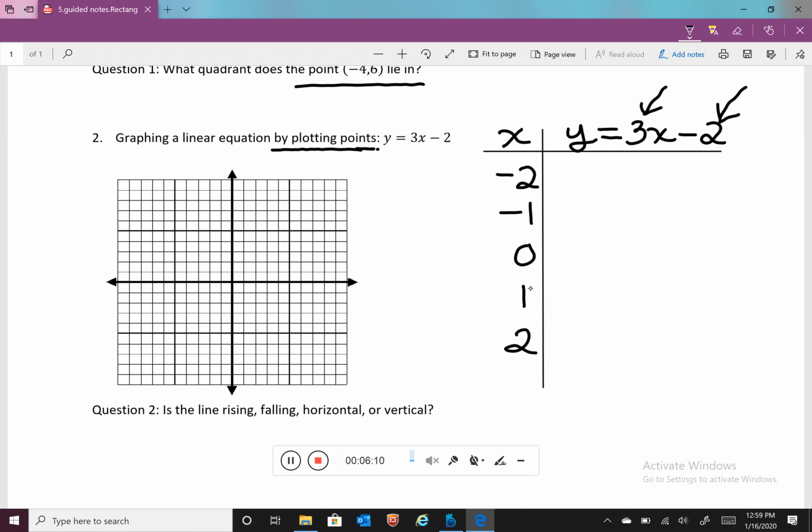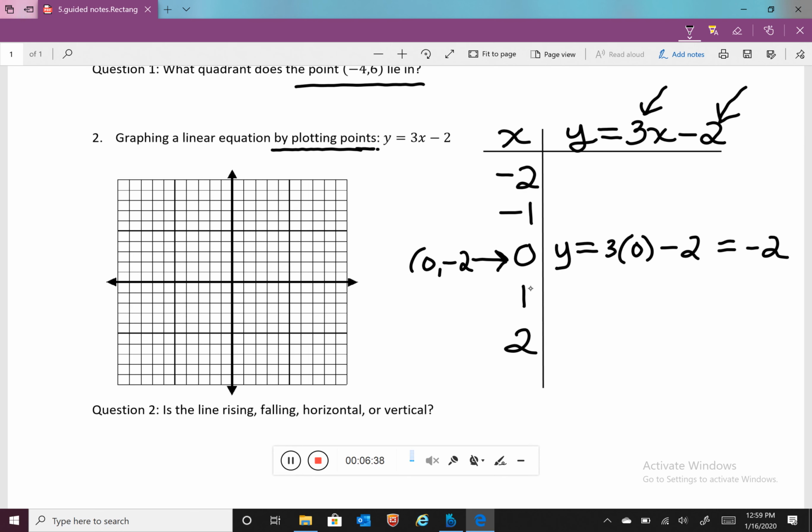Now I'm going to start with 0, and this is going to be important, and it's going to lead into our next discussion. If I let X be 0, then Y is equal to 3 times 0 minus 2. But 3 times 0 is 0, and 0 minus 2 gives us -2, and that gives us our first ordered pair, (0, -2).